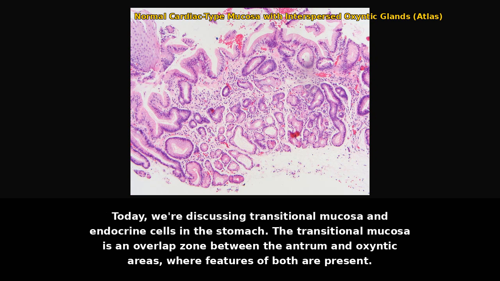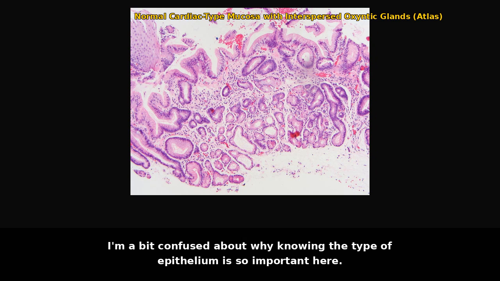And today we're discussing transitional mucosa and endocrine cells in the stomach. The transitional mucosa is an overlap zone between the antrum and oxyntic areas where features of both are present. I'm a bit confused about why knowing the type of epithelium is so important here.